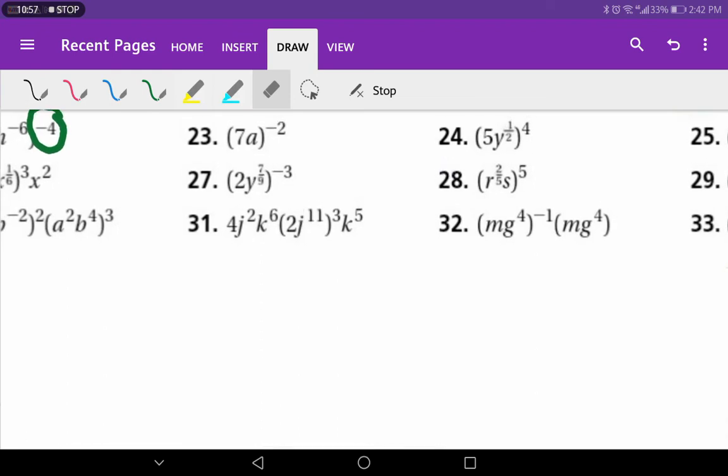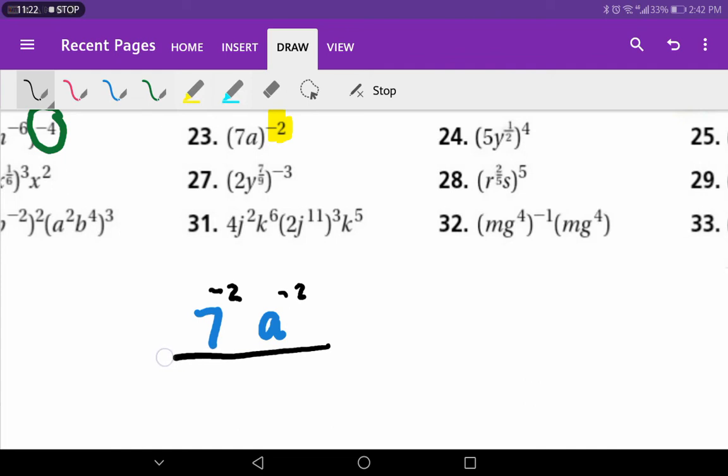Again, we don't have a power here, so directly you write the 7a as it is, and the power will distribute to both of them. So negative 2 here and negative 2 here. And both of them are negative, so let us push them down.